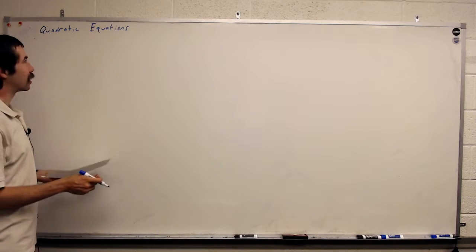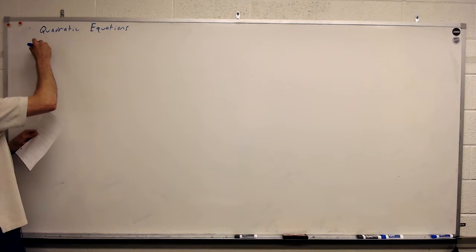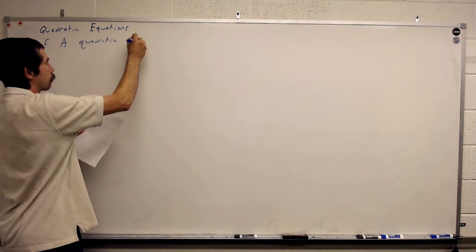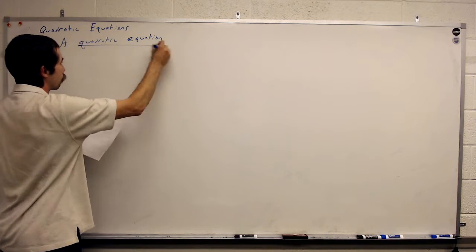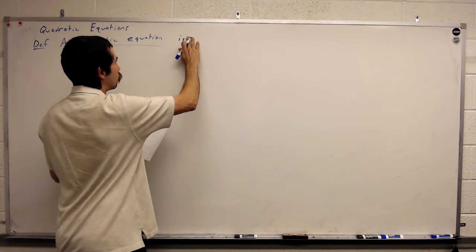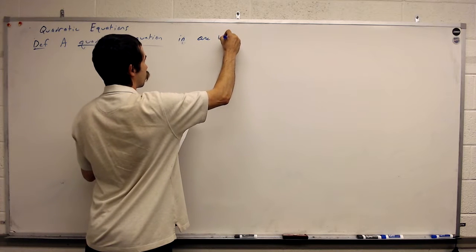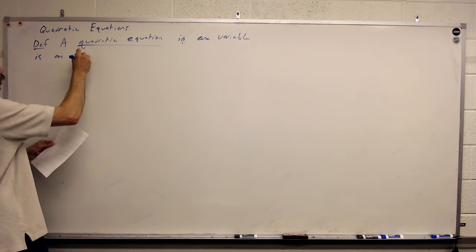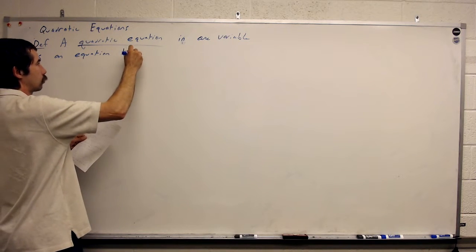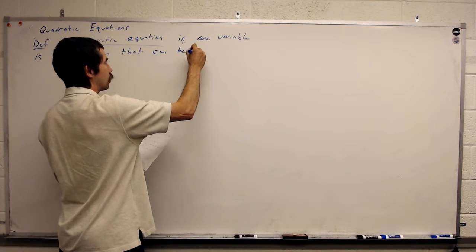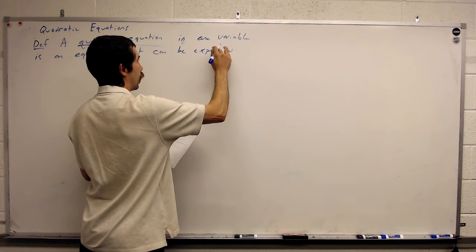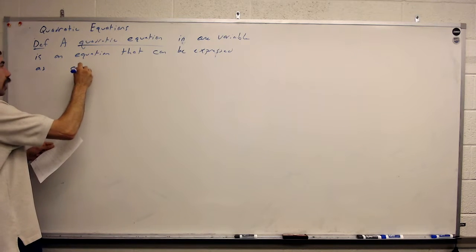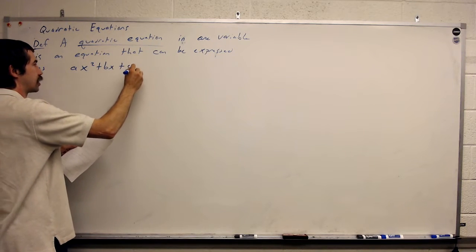And so what exactly is a quadratic equation? A quadratic equation in one variable is an equation that can be expressed as ax squared plus bx plus c equals 0.